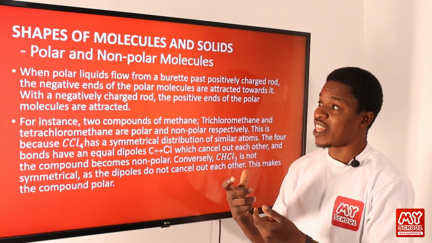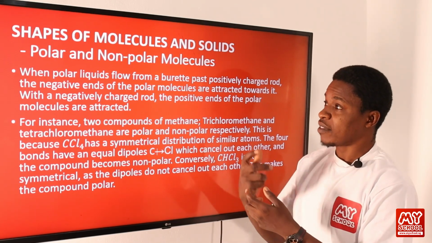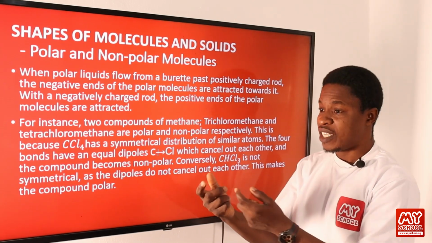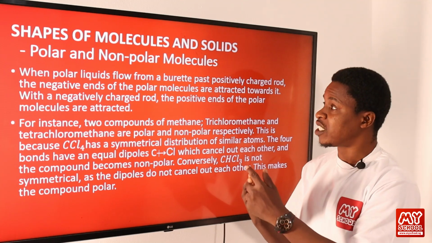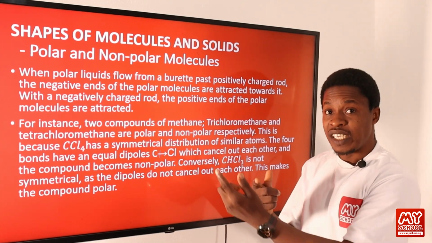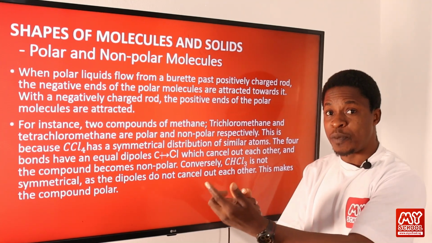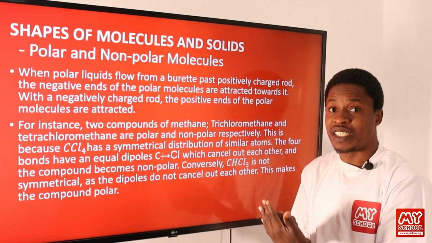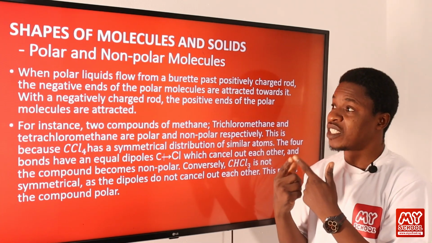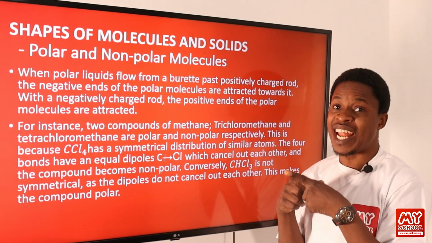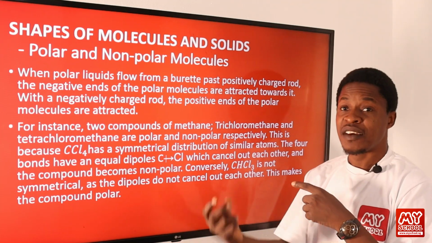Then you discover that if the end is negatively charged, it will tend towards a positively charged rod. As the drop of the solvent comes out from the burette, it gets attracted to the rod because of the charges. So we say that is a polar liquid flowing from the burette.